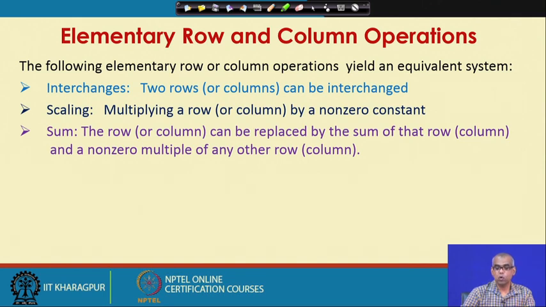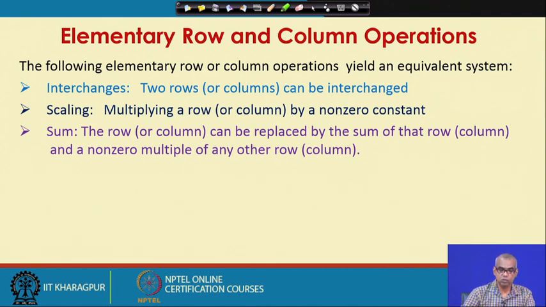Multiplying a row by a non-zero constant, you get an equivalent system. You also get an equivalent system by multiplying a column by a non-zero constant. Third, a row can be replaced by the sum of that row and a non-zero multiple of any other row.